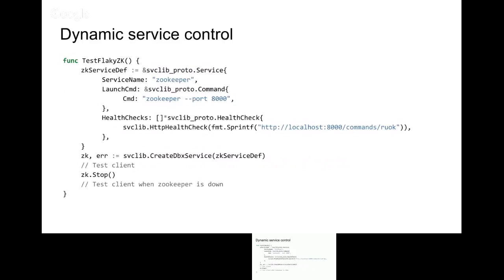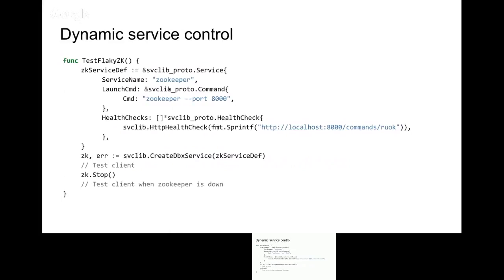So for all of our server supported languages, we provide a special library called svcctl, which allows you to control services during the test run. So you can create them, restart them, and stop them. So this is an example. Down here, you can see in svcctl, it calls create service, and it passes a service def.